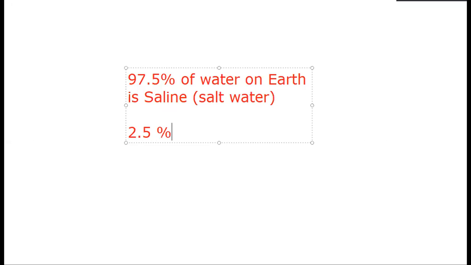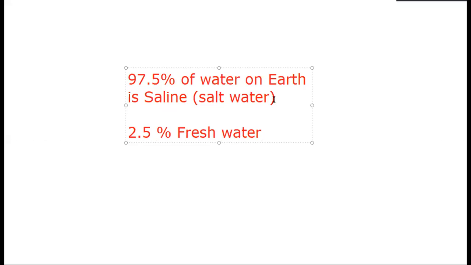Look here. 2.5% is fresh water. This is very important to remember and memorize. 97.5% of water on earth is saline or salty or salt water. This water is mostly found in oceans.